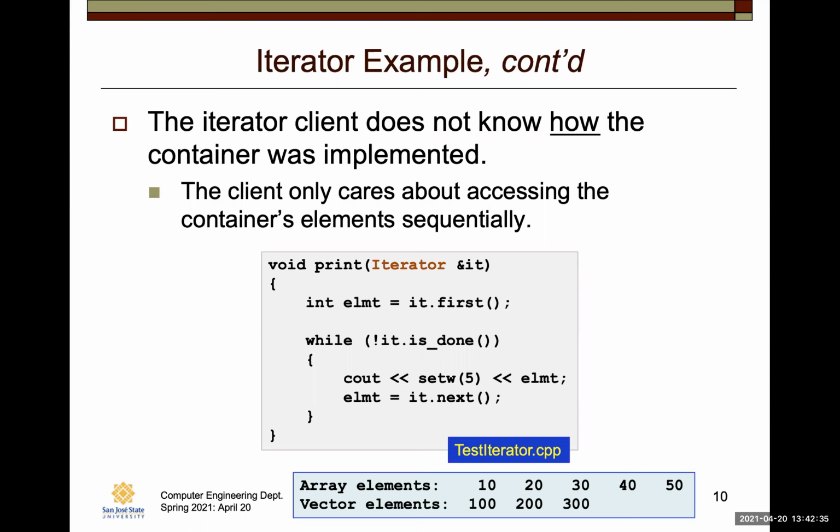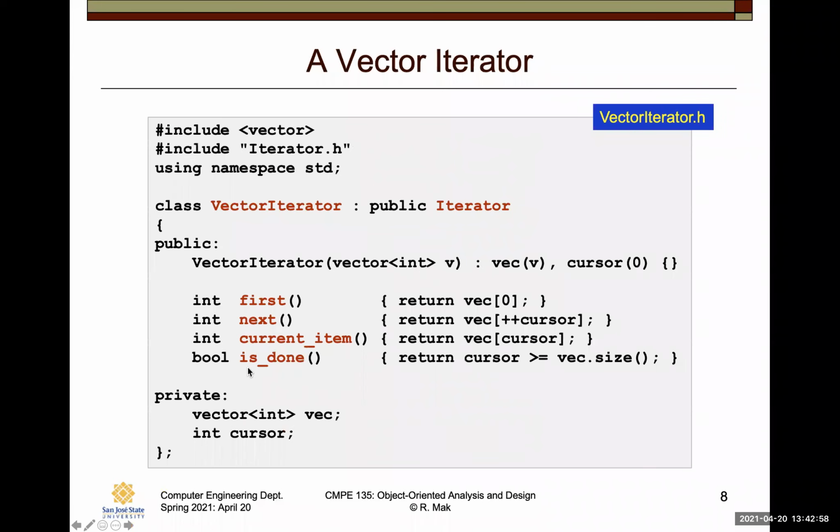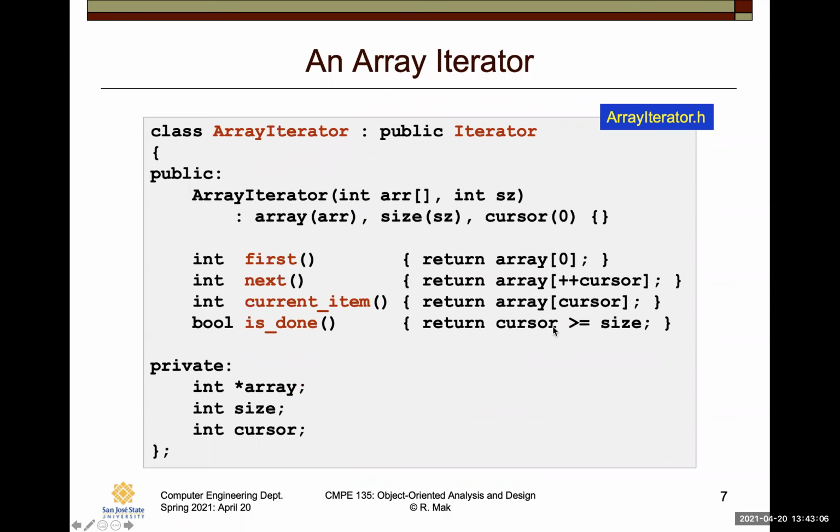But if you're given an iterator for that data structure, then you'll be able to iterate over its elements without knowing anything at all about how it was implemented. In fact, you don't even know how the iterator is implemented, other than the fact that it has these four functions. And so here is the implementation of the four functions for a vector, and it was very similar for an array in this case.